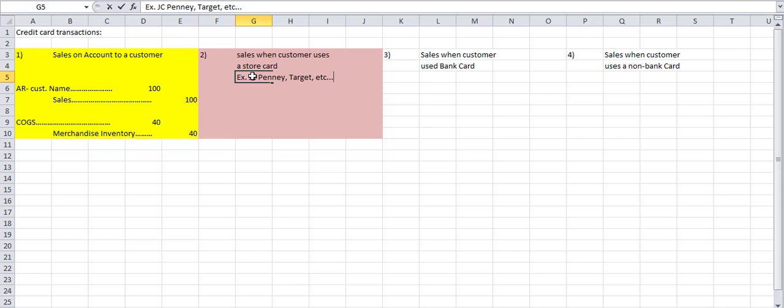So they're using a store card. Well, believe it or not, the transaction would look the same. We would debit accounts receivable, and we would credit sales. So you would not know any difference whatsoever from the entry we just did in number one.